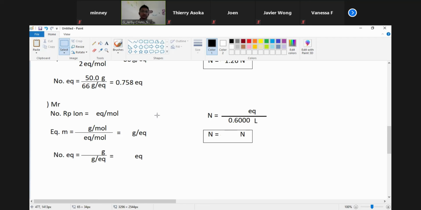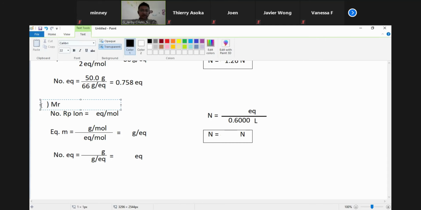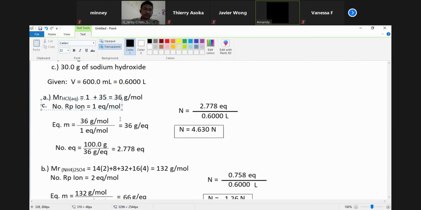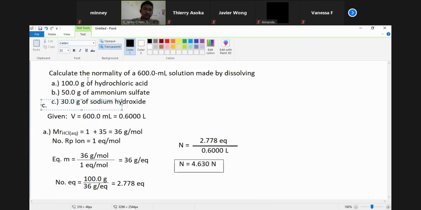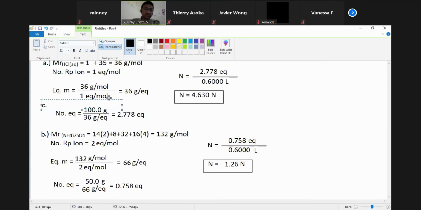Okay, so let's do it. In letter C, we have sodium hydroxide. And what's the chemical symbol? NaOH.